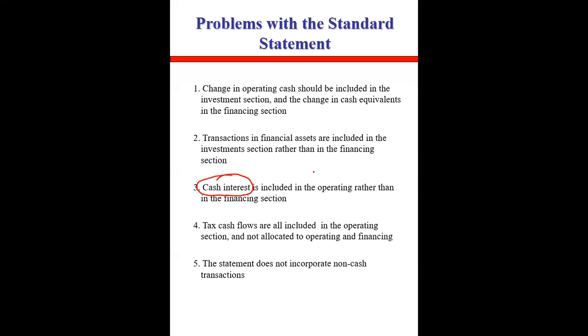If it is the cash interest payment, or you receive interest from your financial investment, where do you reflect this if you follow GAAP? What do you think? Where do you reflect this item?